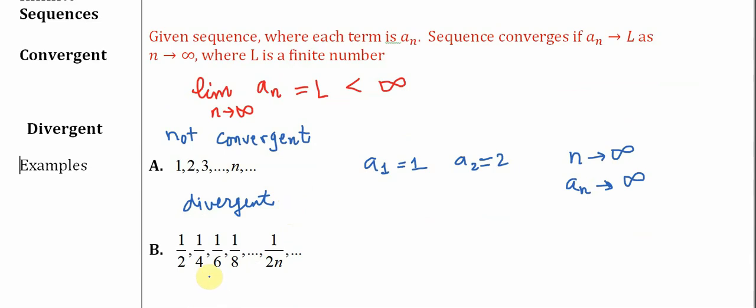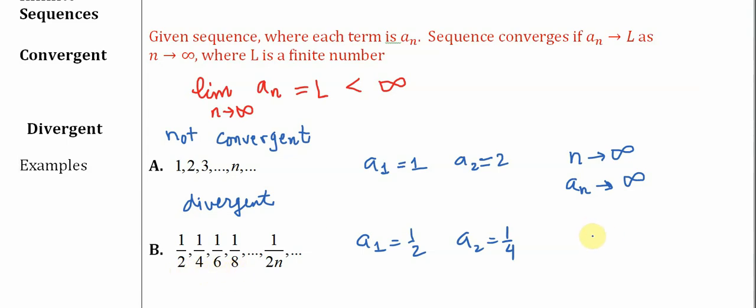Next, we see this sequence, which is also explicitly defined. It's a sequence of fractions where the denominator is an even number. The first term is 1/2. The second term is 1/4, and so on. We can see that all of these values are getting smaller and smaller.